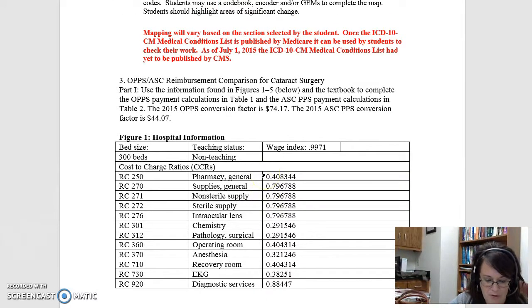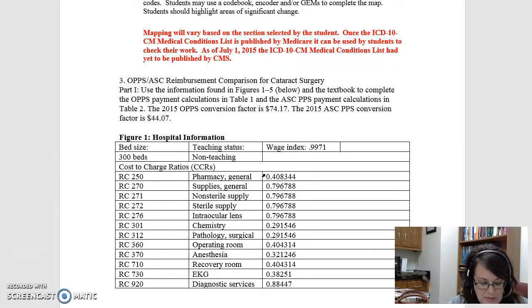But if you look above, it says figure 5, the table for 66984, the relative weight is 23.8786. So if we take 23.8786 times the conversion factor, and they give it to us, 70.01, we get a total, and you would fill that in.